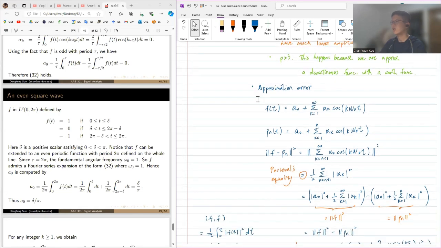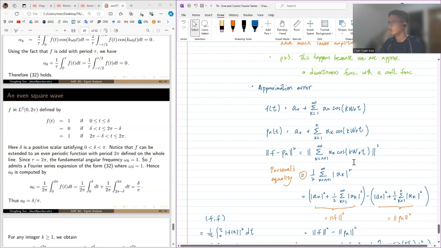Now let's look at how we can compute the approximation error. Here we have the Fourier series representation for the original function f and its Fourier series approximation, P_n(t). And now let's look at the total power of the approximation error. So first, this expression on the right can be obtained by substituting the two expressions above into this expression on the left.